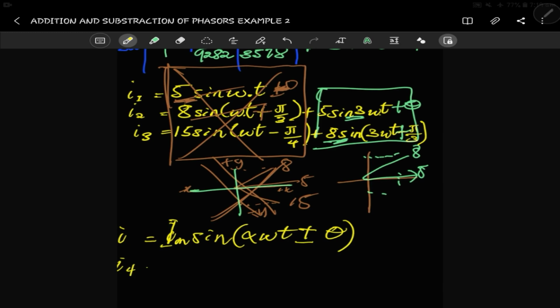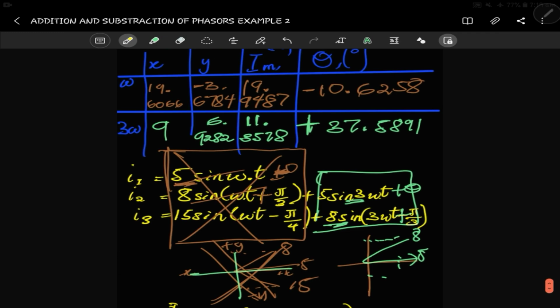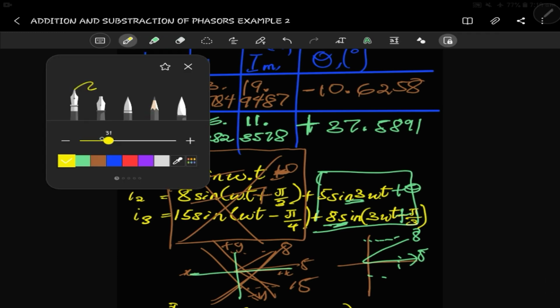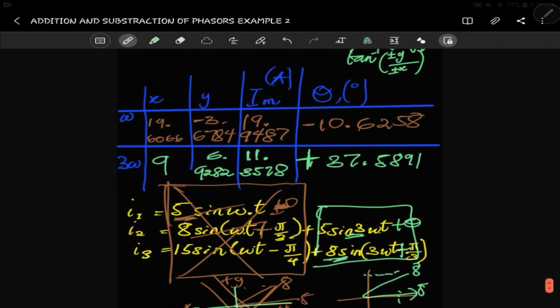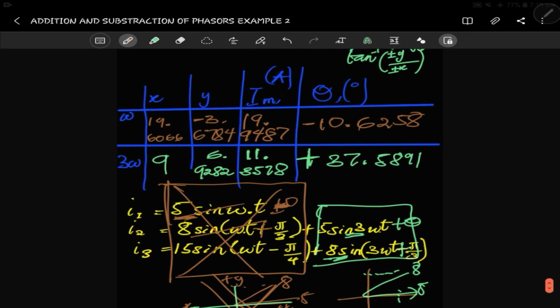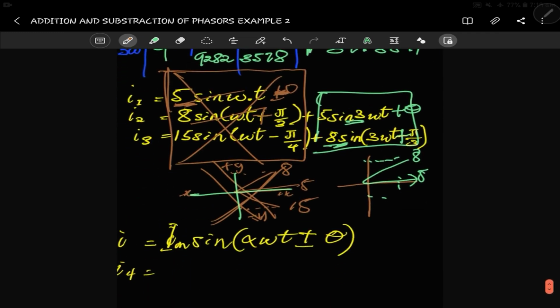Okay. So now here's the problem where we have different frequencies. So we add the different frequencies, right? Let's deal with the first one, the one in brown, with the W part. So the peak is 19.9487, right?